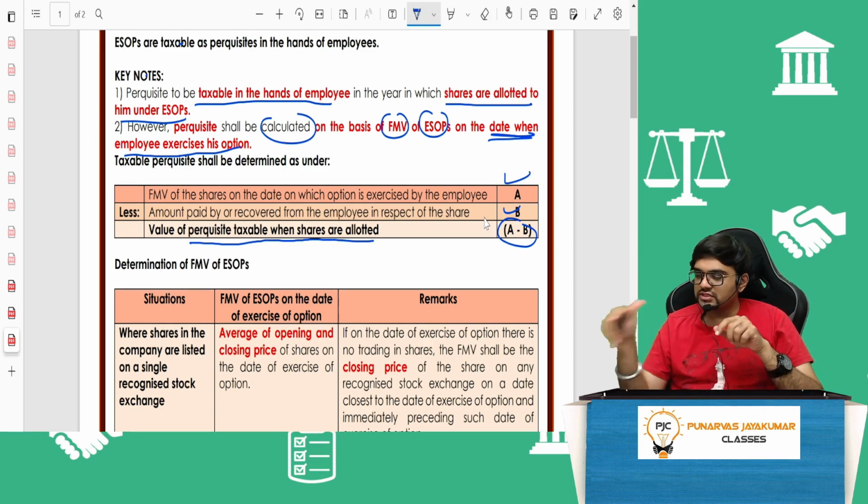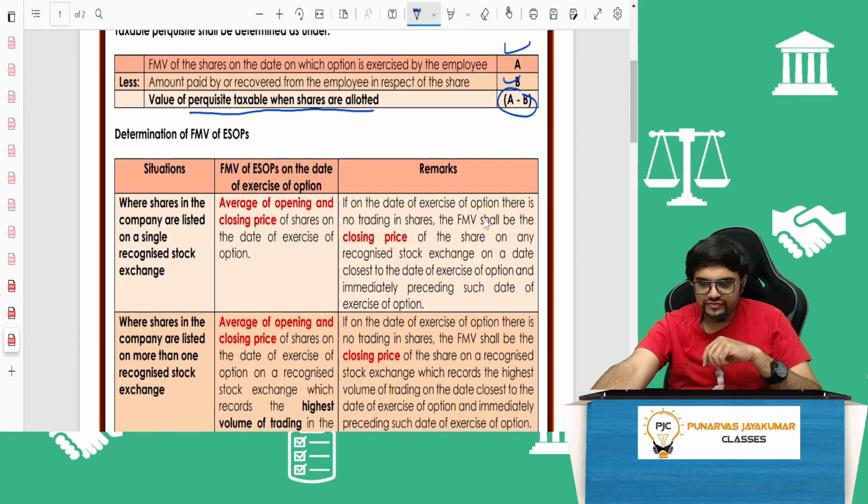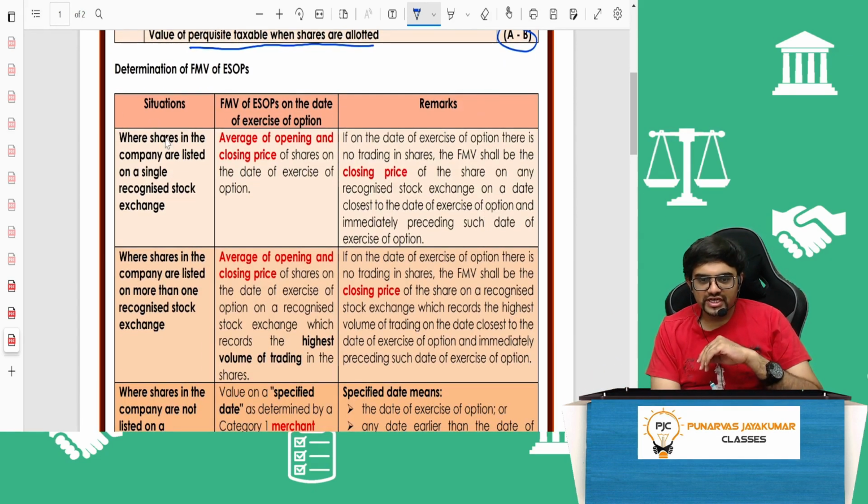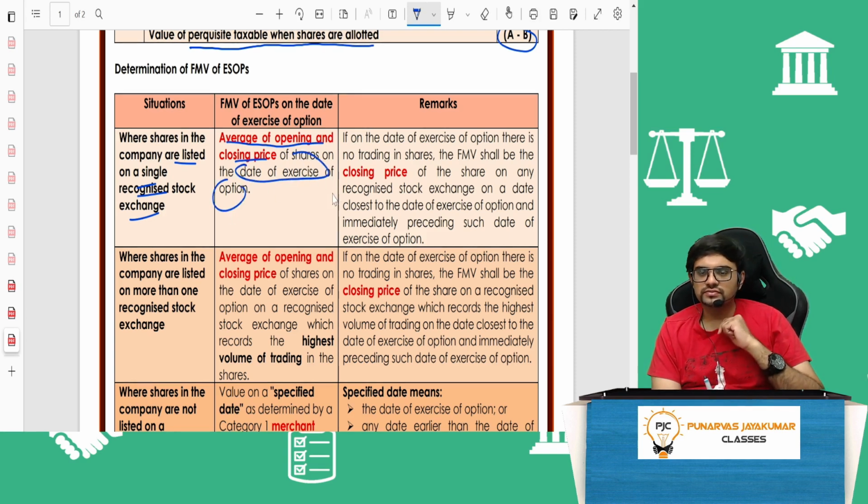Determination of FMV. This chart is enough, you just need to go through it. Where shares in the company are listed on a single recognized stock exchange, FMV will be the average of the opening and closing price of shares on the date of exercise of option.